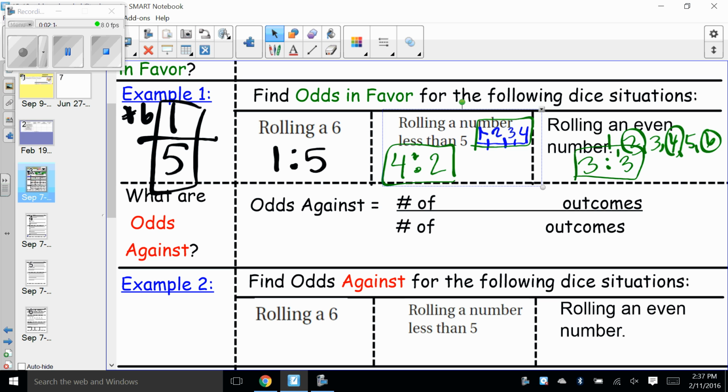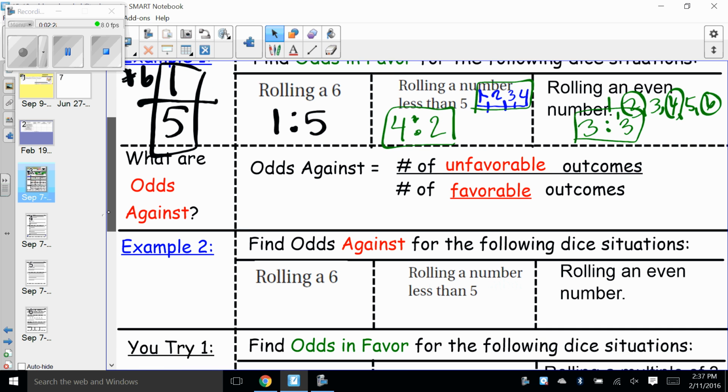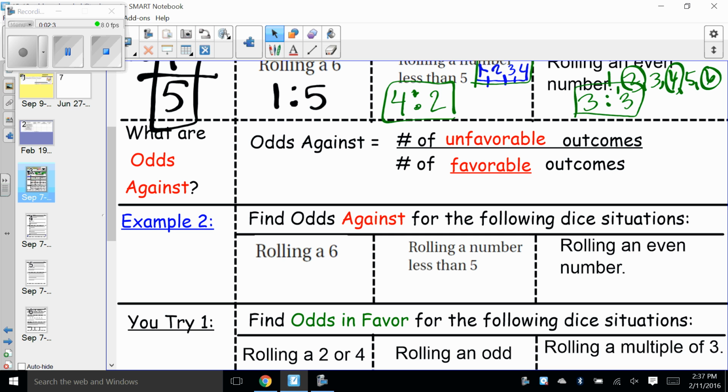So we would say, what are the things that we're against, the unfavorable outcomes, over the favorable outcomes? Unfavorable over favorable. So exactly the opposite situation. When people are talking about betting, now we're going to talk about what the odds against are that it will happen. So what are the odds against that we're going to roll a 6?